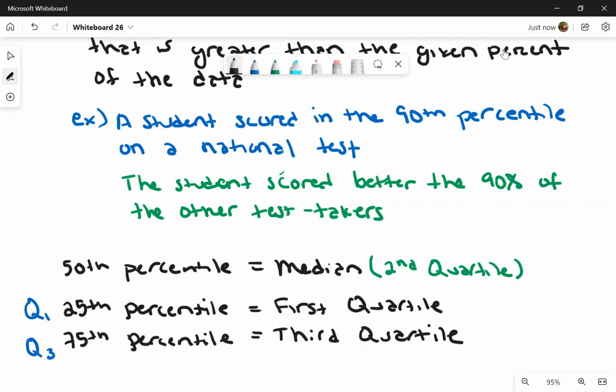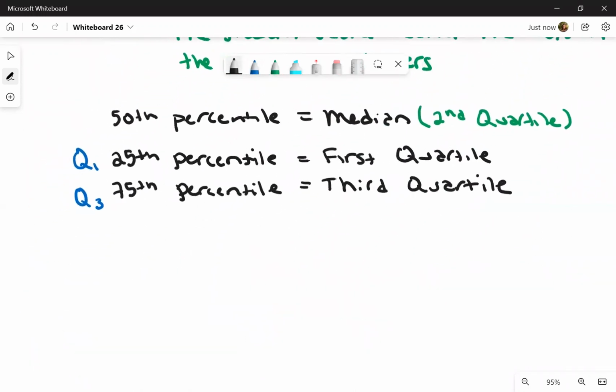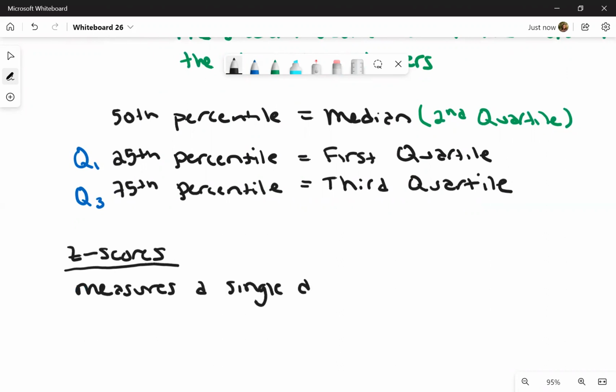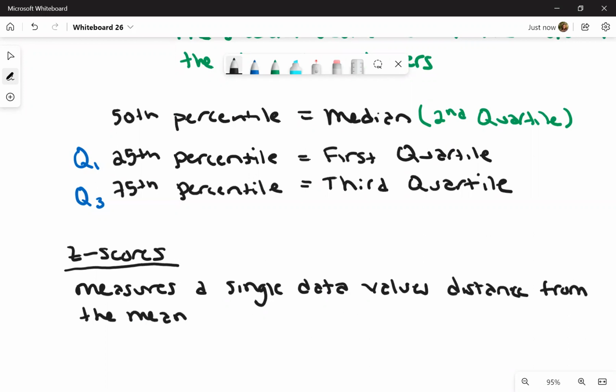All right. Let's look at z-scores. Z-scores are a way of measuring a single data value's distance from the mean in terms of standard deviation.